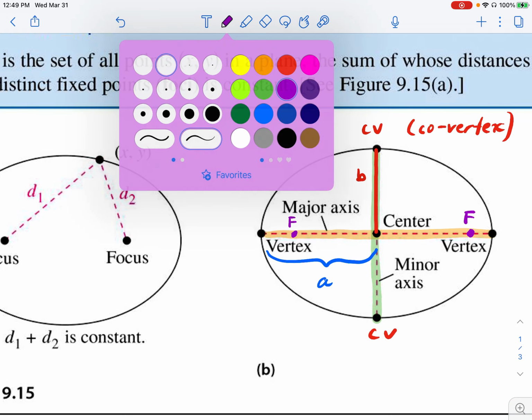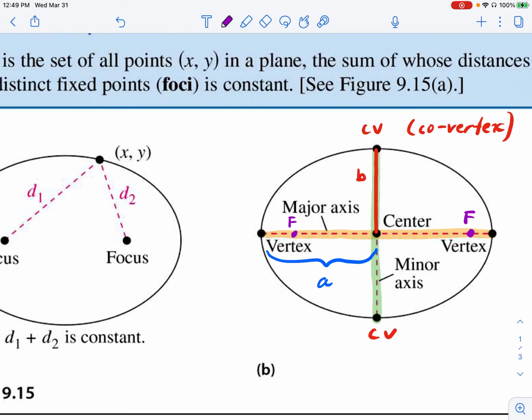And then finally, the distance from our center to one of our foci. The textbook uses the variable c to describe this, but I actually like to use a lowercase f because it helps me see that it's the distance from the center to one of my foci. Now, there is a relationship here between A, B, and F. Well, what is that relationship?